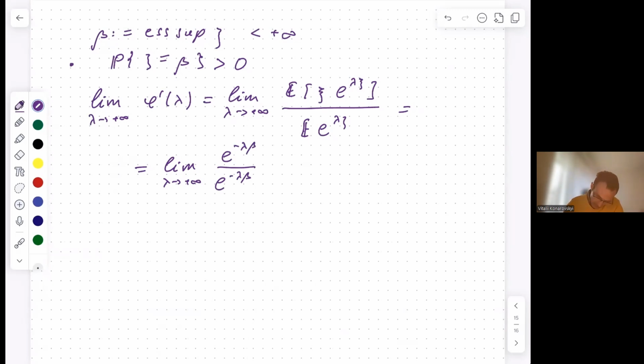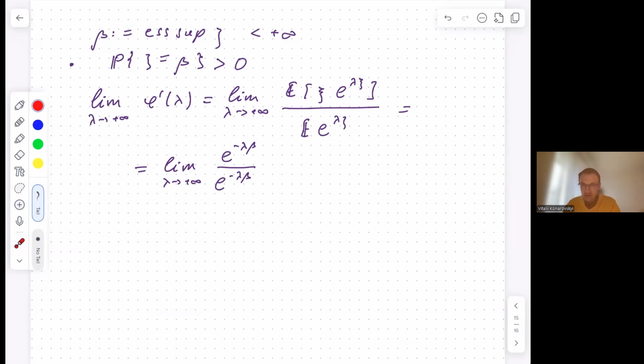Why do I do that? Let me first tell you, and then I will continue. You see that when you send lambda to infinity, the problem here is that you have this term going to infinity. And if Xi takes positive values, this exponent also goes to infinity. And you have infinity here. And when you also consider this part, that also goes to infinity.